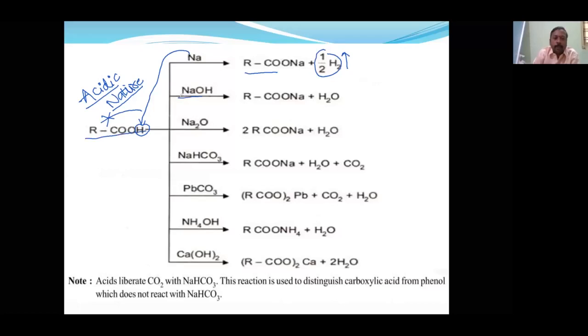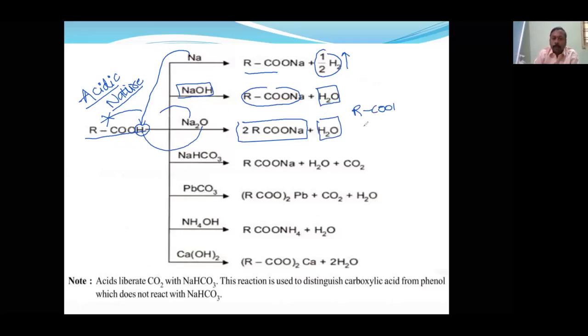Acid plus base, what will it give? Salt plus water. Okay. And see here, two sodiums are there, so it will react with two molecules. So two RCOO will be produced. Both hydrogens and this oxygen will be liberated as H2O. Okay. So I will write it here, then it will be simple to understand.